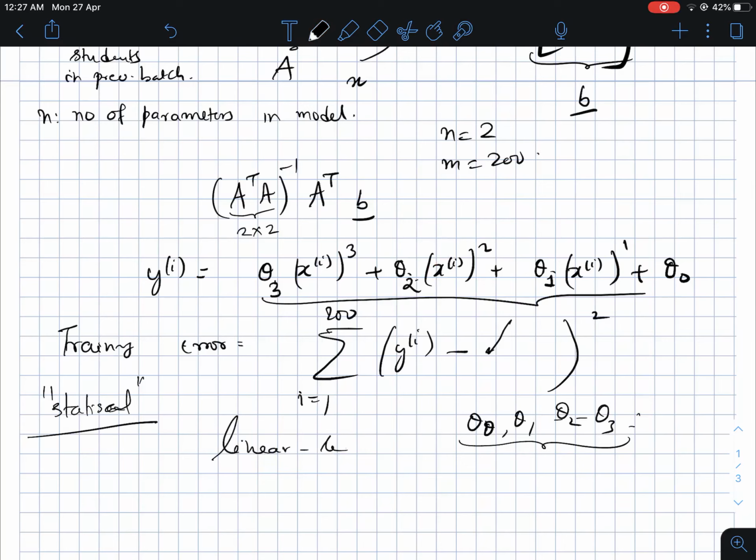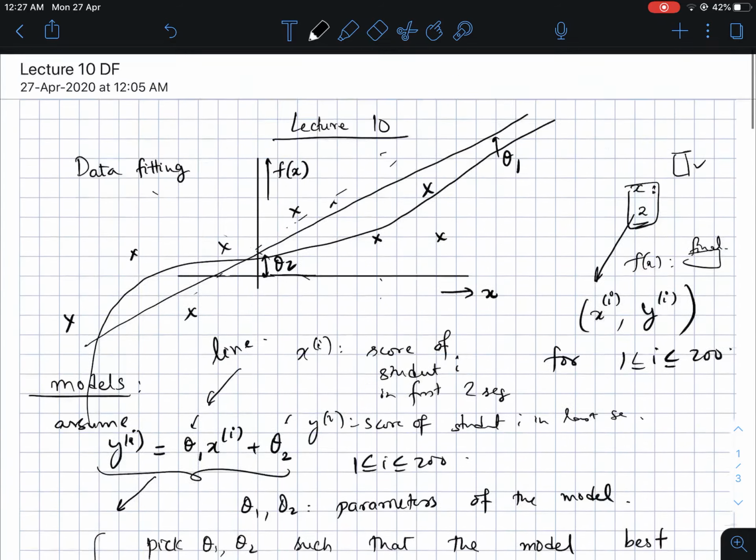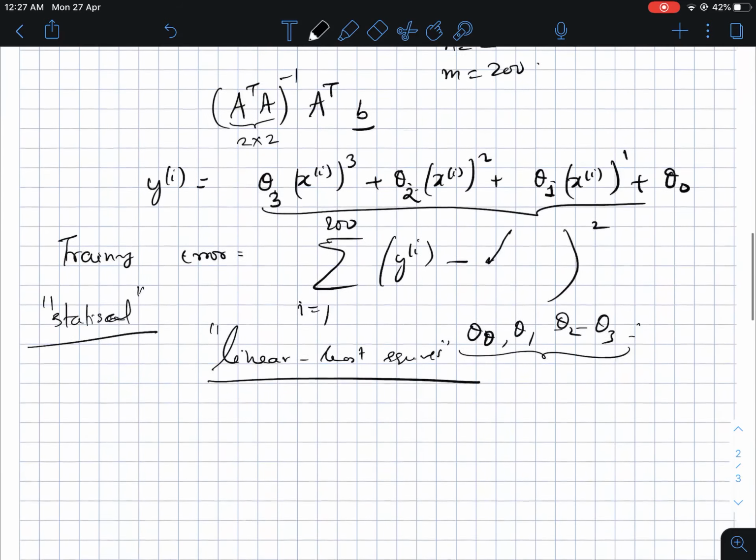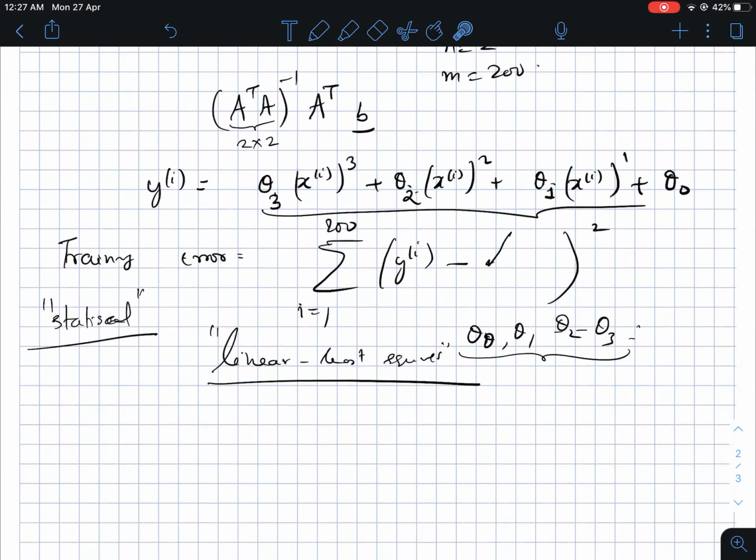Okay, so this is an important point to understand. It becomes very trivial as you get used to it, but at least initially, even though you are fitting a cubic, not a straight line, it is still a linear least squares problem. Because what matters is the linearity in the parameters, the thetas, not the linearity in the x's or the data points.